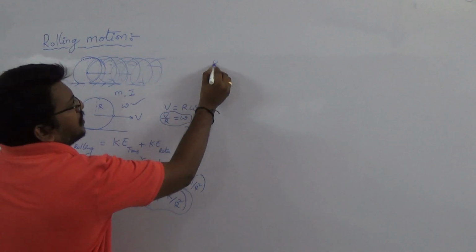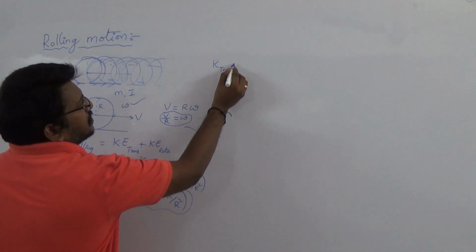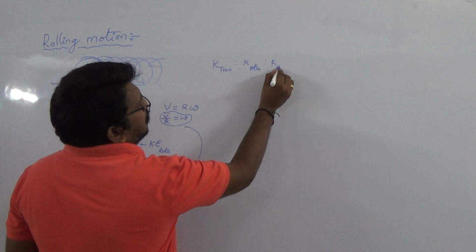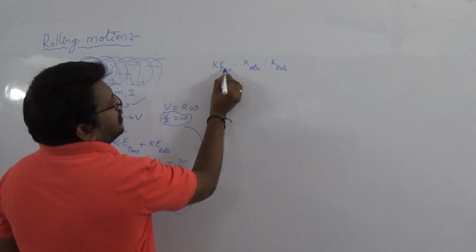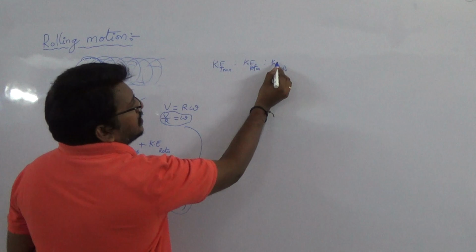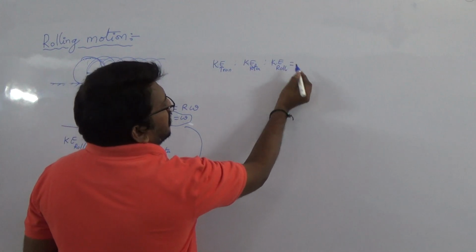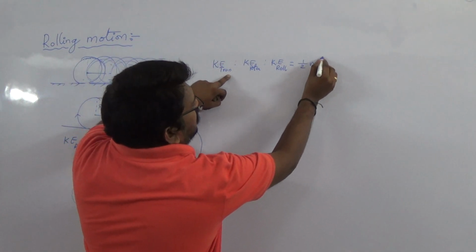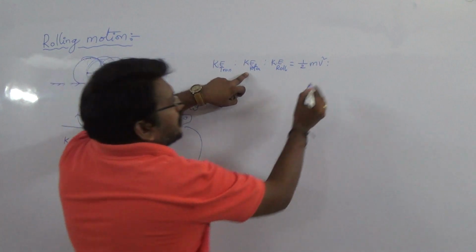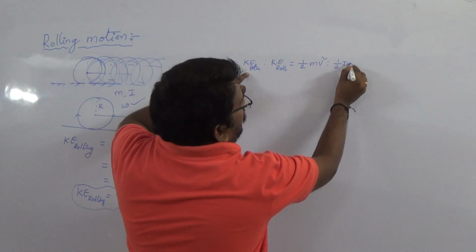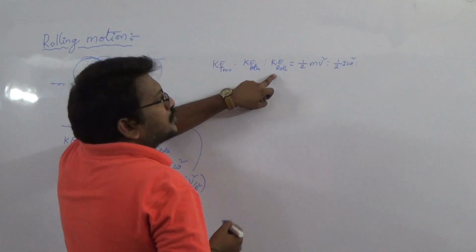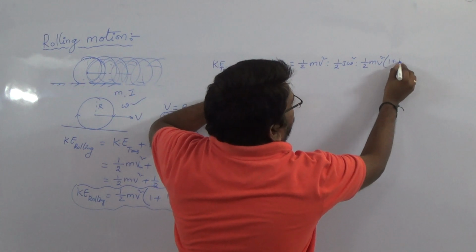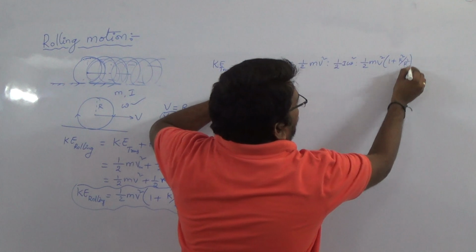For example, the ratio between the kinetic energy due to translatory motion, the kinetic energy due to rotatory motion, and the kinetic energy due to rolling motion. We write the kinetic energy due to translatory motion using the formula half m v square, is to the kinetic energy due to rotatory motion, half I omega square, is to the kinetic energy due to rolling motion, which we just derived: half m v square of 1 plus k square by r square.